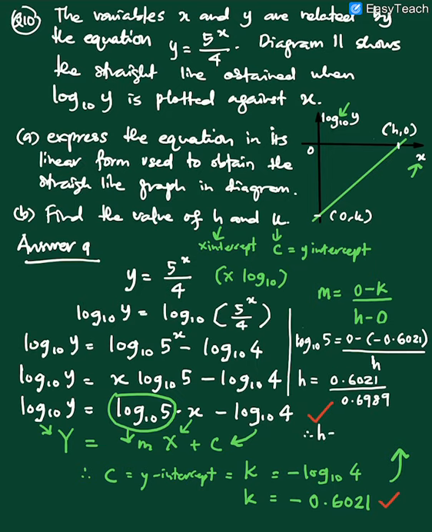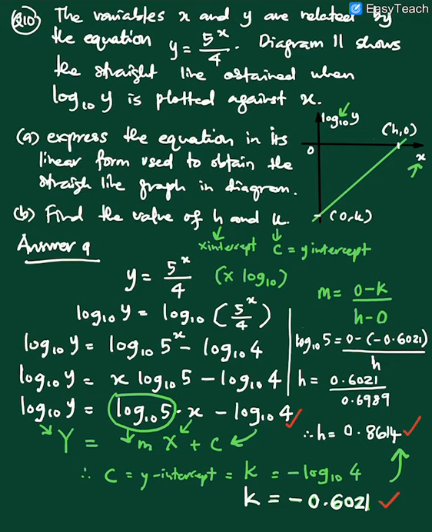So our h is equal to 0.8614, and our k is negative 0.6021. Okay, so I got the answer. The first question is correct.